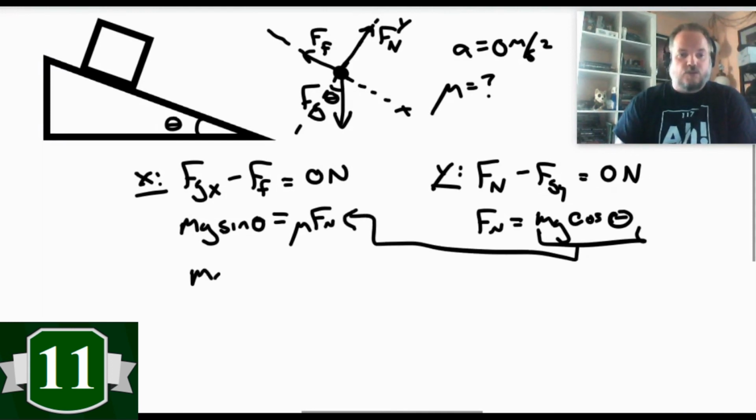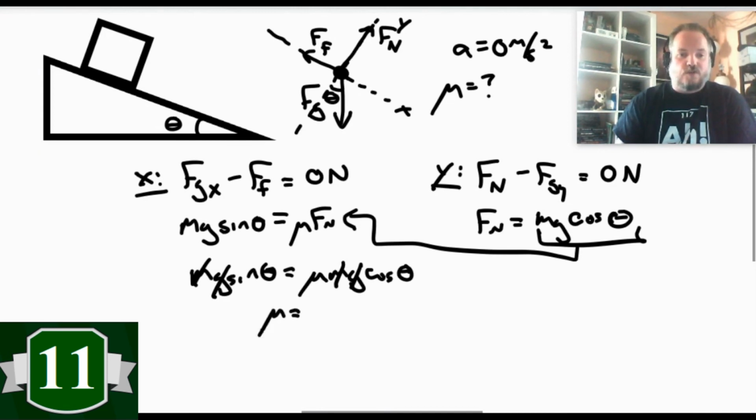We get mg sine theta equals mu mg cosine theta. M's cancel. That's cool. G's cancel. That's super cool too. Doesn't matter what planet we're on. Cosine divides over. Sine divided by cosine is tangent.